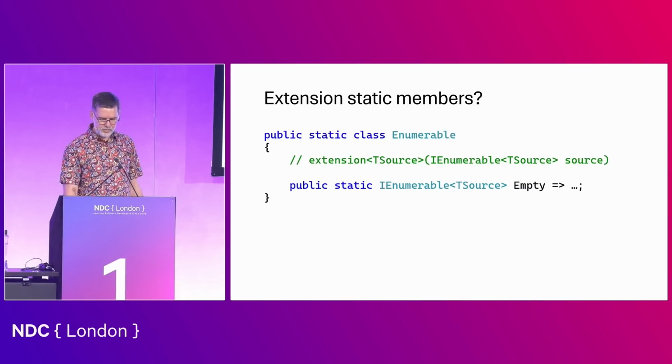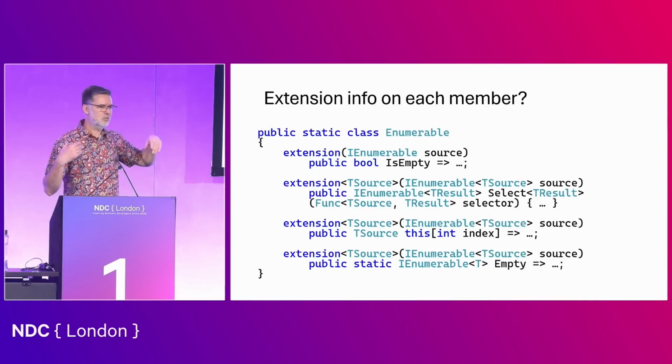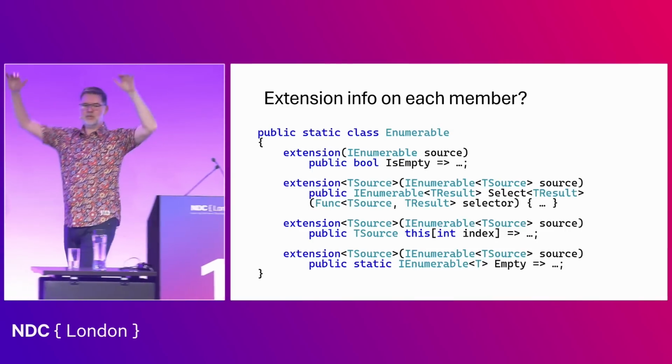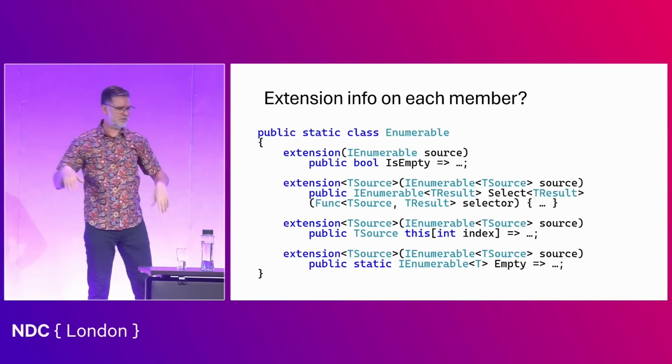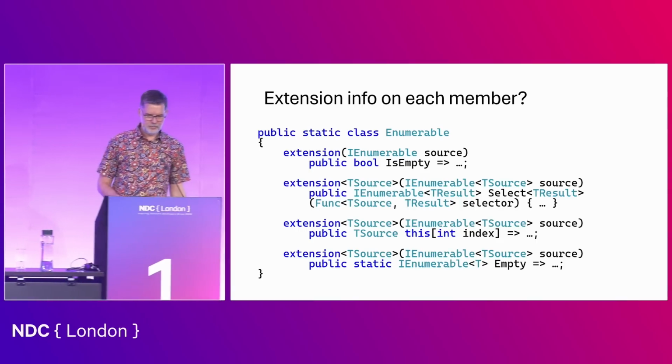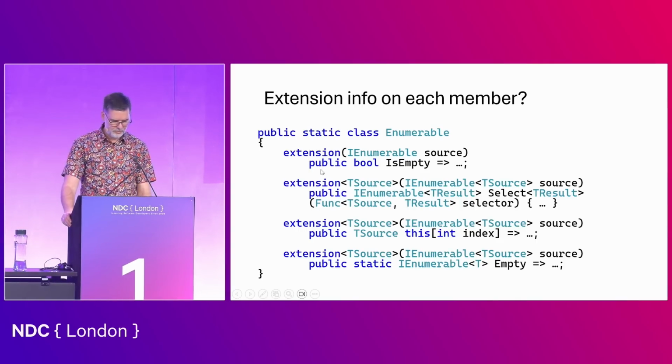So the first approach is to stick the extension stuff on each member. Philosophically, that's like what we do today. Every extension member has all the extension stuff for it on it, inside of the static class. So we could just put some syntax like this: extension, whatever type parameters we need, the underlying type itself as a parameter, just like in extension methods today, and then followed by the full member declaration.